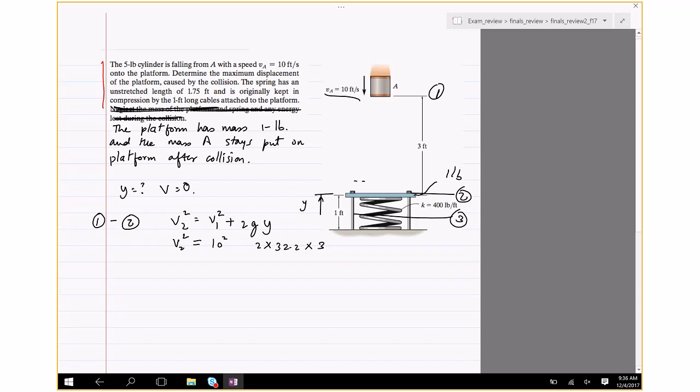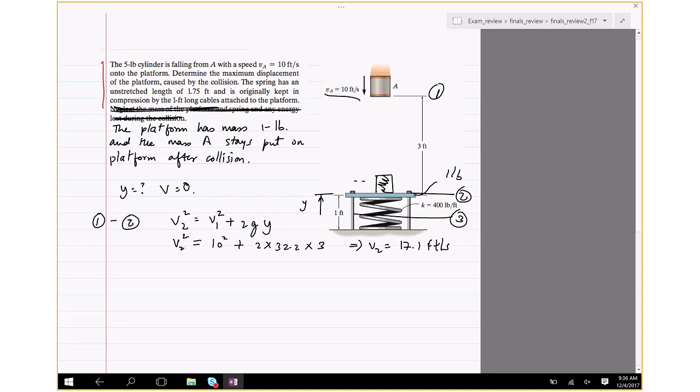Gravity is downwards positive, y is downwards positive, so it's positive. If you do that math, you get V2 equals 17.1 feet per second. So now the block is right here, but it has not collided with the platform.